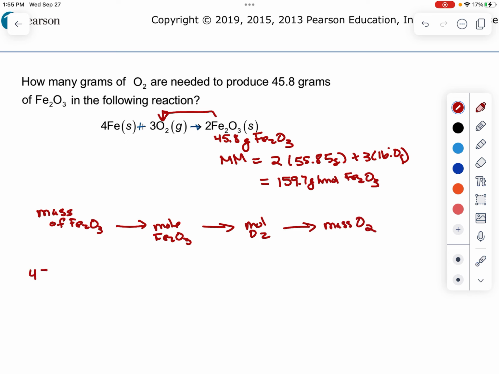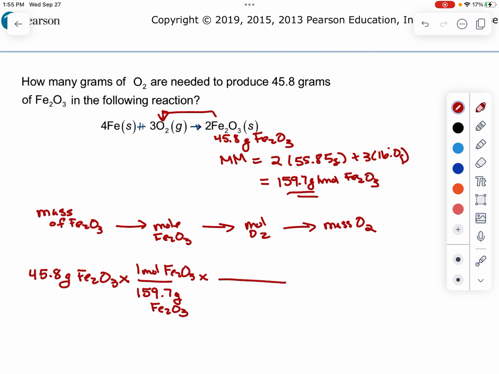So 45.8 grams of Fe2O3. I've already calculated my molar mass, and it's 159.7 grams of Fe2O3 per 1 mole of Fe2O3.